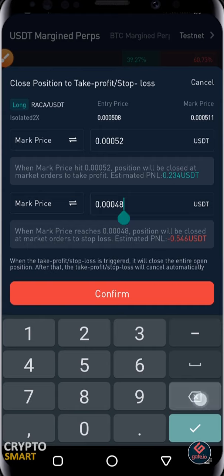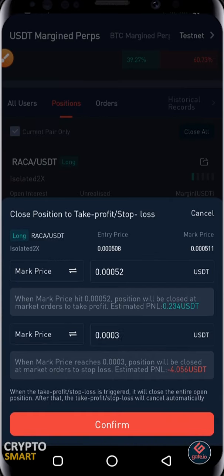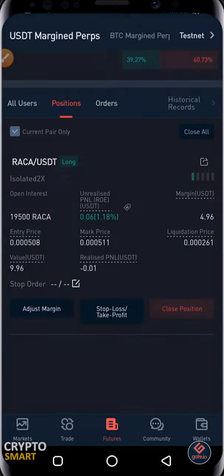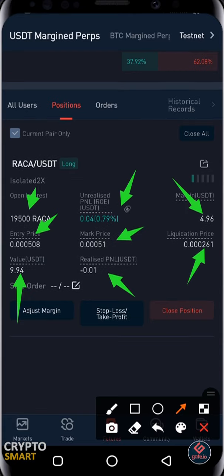Now supposing it eventually gets down to 0.003, we are almost at liquidation price. Does that make sense? So you can actually play around with this. Please make sure that before you get into all this, you understand what is happening. Right now we are in a 1% up trade. Alright, so you can monitor everything here.